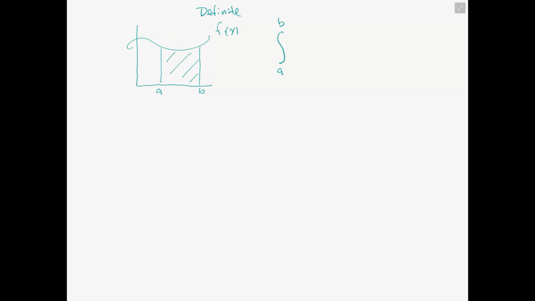It's going to give you the area under the curve. We saw that with the Riemann sum, the fundamental theorem of calculus. But basically, what we have is a to b.